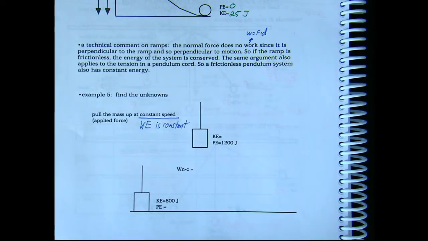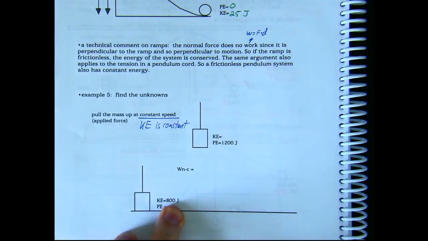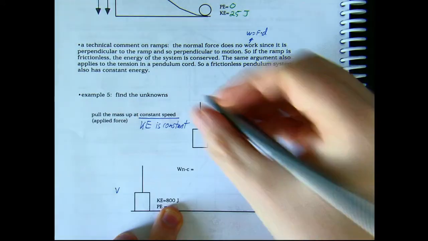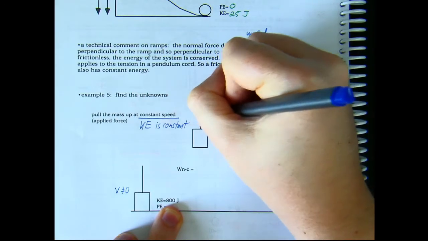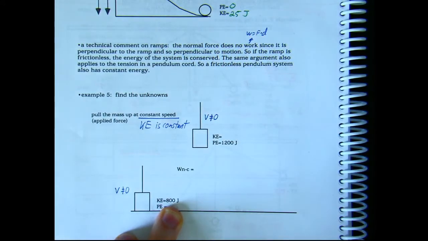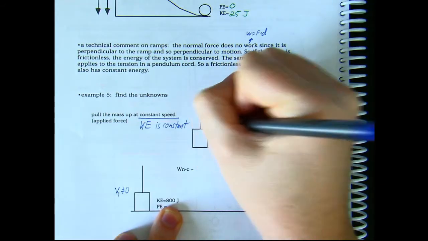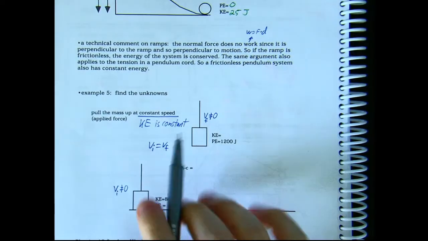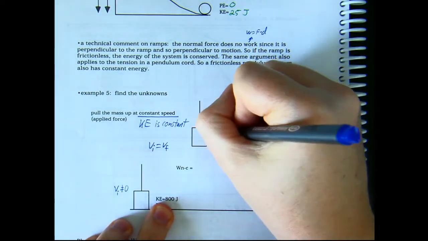Well, if kinetic energy is constant, at every step of the way it has 800 joules of kinetic energy. V initial is not equal to 0, V final is not equal to 0, and we know that V initial equals V final because we're told it's constant velocity, so my kinetic energy at the beginning and the end must be the same.